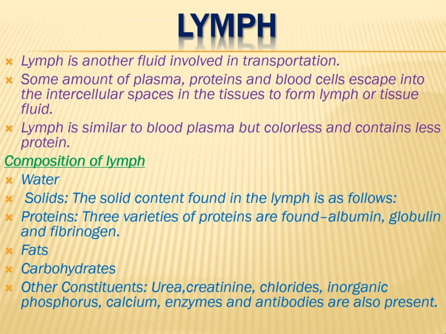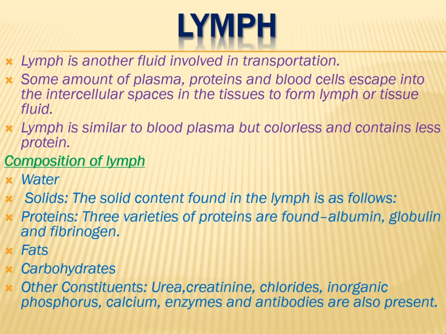So, what is the composition by which lymph is made up? Lymph is made up of components like water and solids, such as proteins. Three types of proteins are present: albumin, globulin, and fibrinogen.